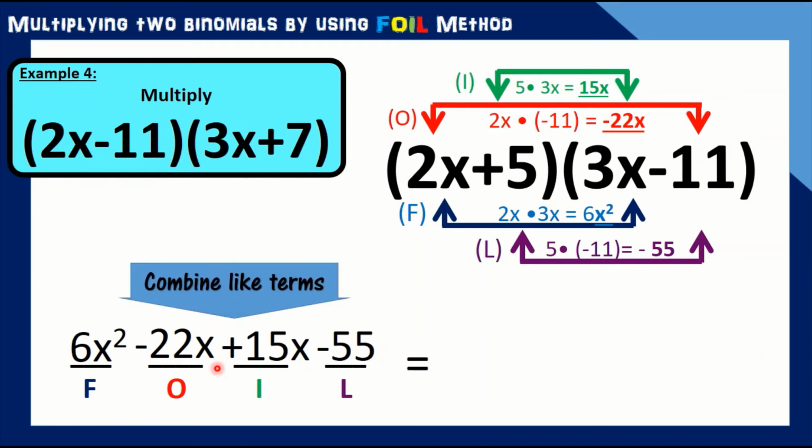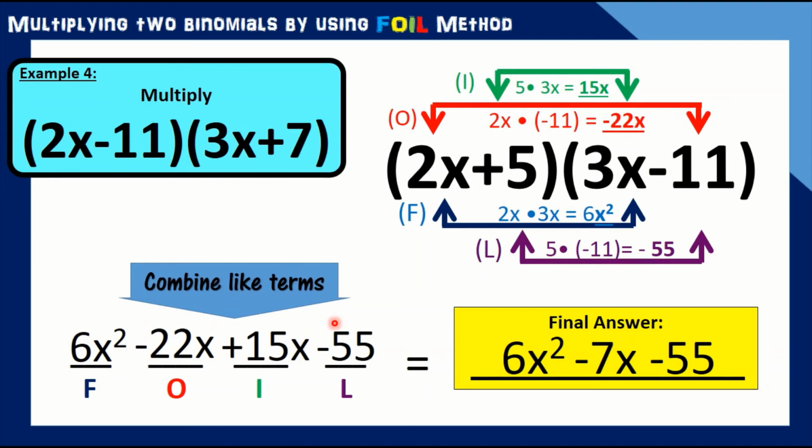Combine like terms, so we have 6x squared, and we combine these, different signs, so we subtract, 22 minus 15 equals 7, and the sign depends on the sign of the bigger number. Since 22 is bigger, we use negative, so we have negative 7x, then minus 55. So, the final answer is 6x squared minus 7x minus 55.